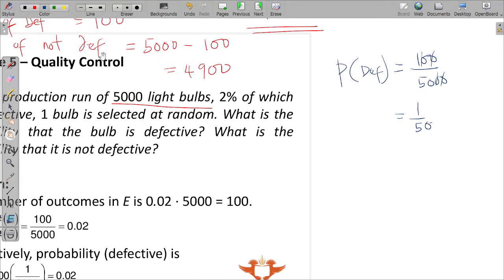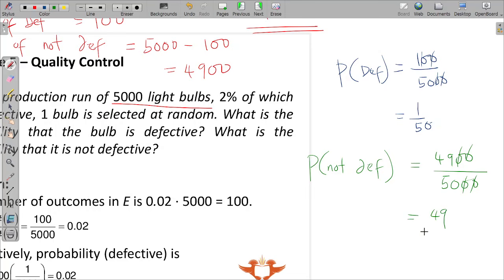Also, the probability of not defective is just the number of not defective, 4,900, over the total, which again is 5,000. That is the probability of not defective.